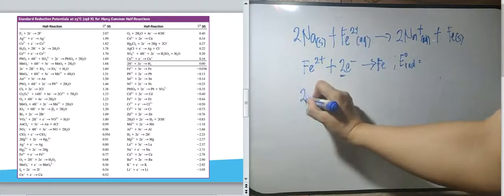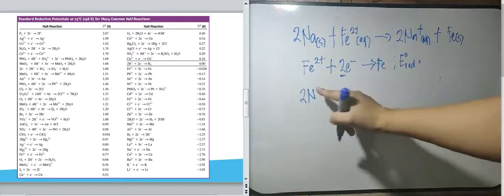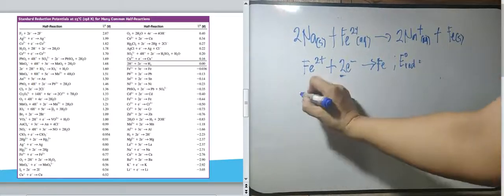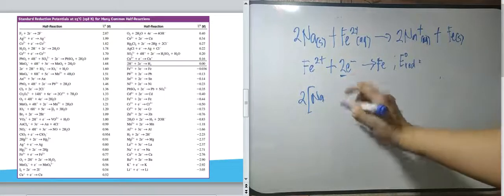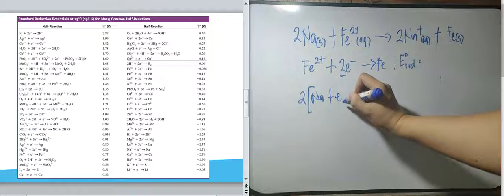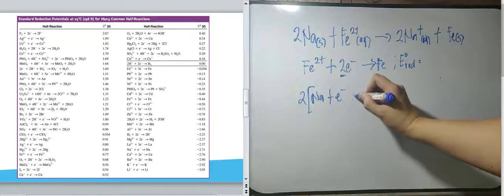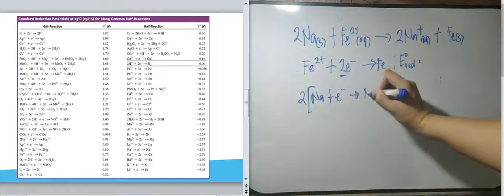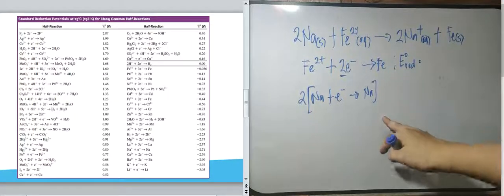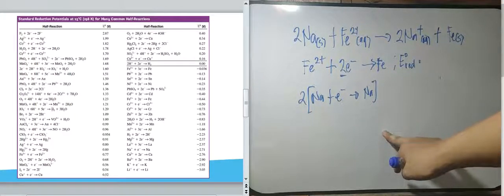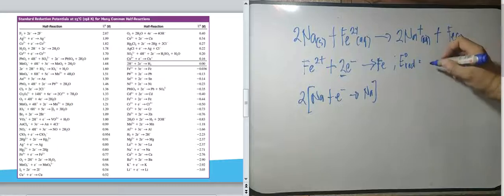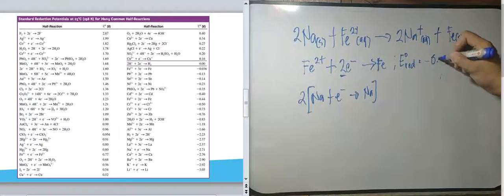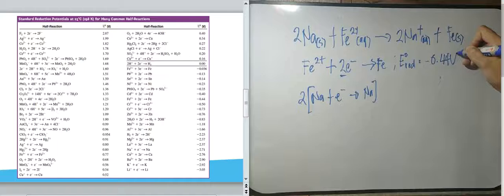Based on the table, it is negative 0.44 volts.